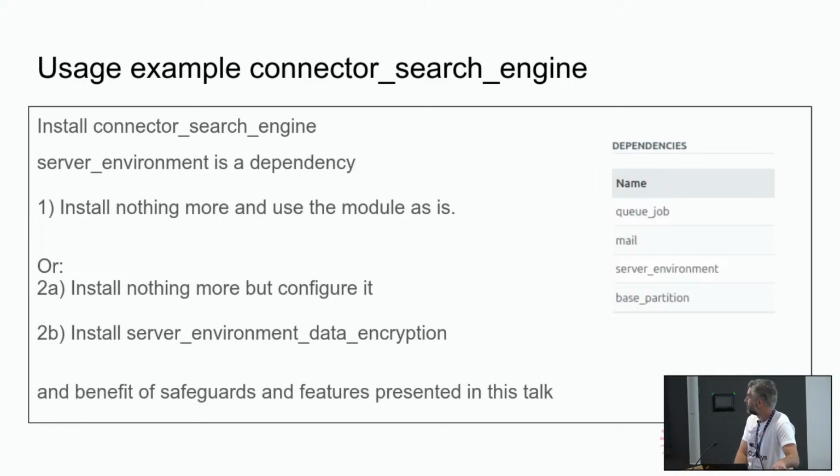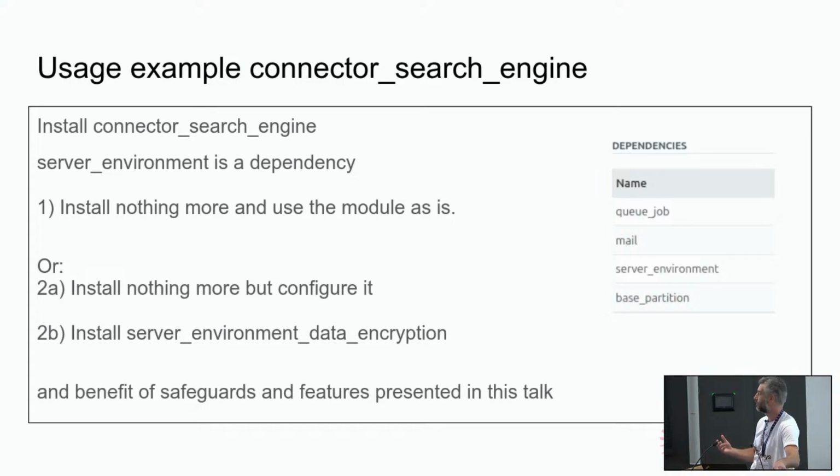Then how to use it. I put an example with connector search engine. It's a dependency of the one for Elastic I showed you before. Here are the dependencies, so you see server environment is a dependency of this one. And then usually you can just install it and do nothing more, and you can use it, but you don't benefit from server environment.